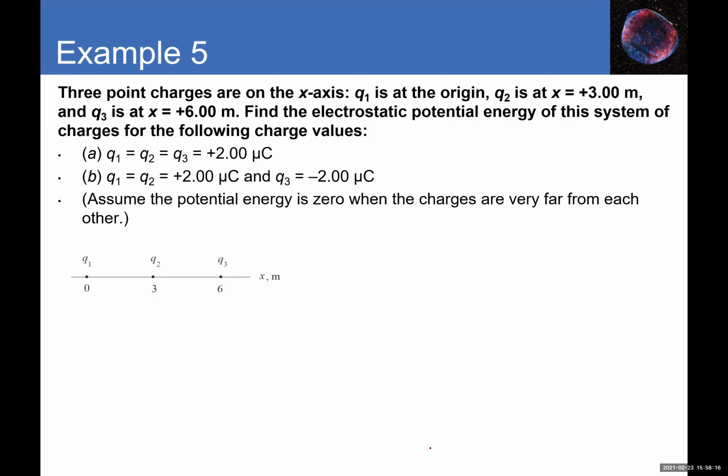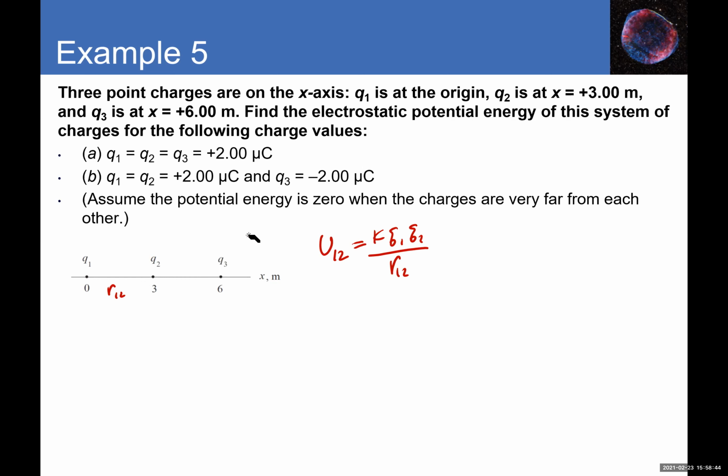Now, how do we do this? Well, think like this. First, let's assume those are not there. You bring Q1 and put it there. There's nothing there, so it makes no effort to bring Q1. Then we bring Q2 over here. Then I can say, all right, so my potential U12 is K Q1 Q2 divided by, let's call this, R12.